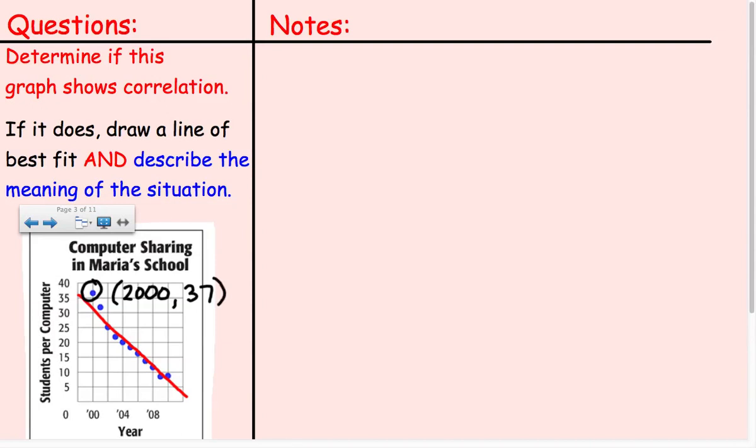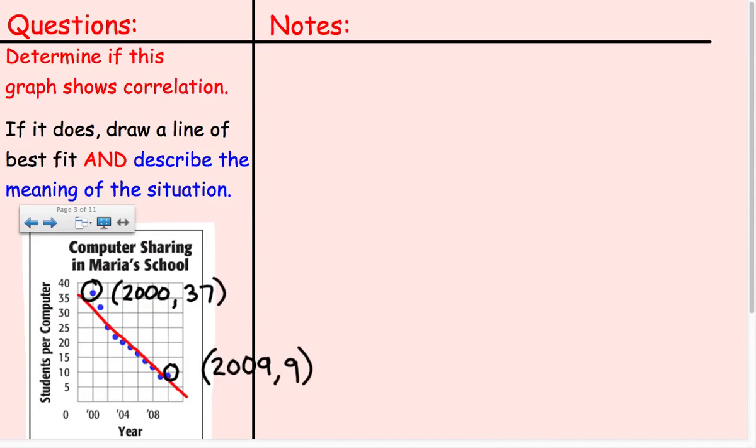So that means in the year 2000, 37 students were using the same computer. If you pick a dot at the other end of our graph, maybe this one, that would be 2009 and about 9. So that means in the year 2009, only 9 students were sharing a computer.